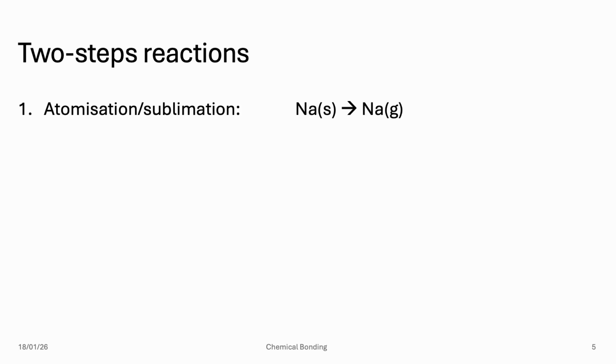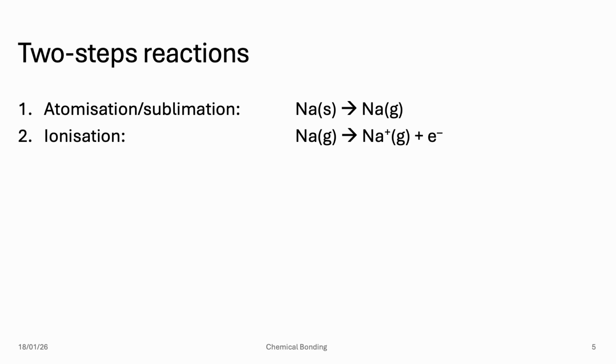Actually, this process is formed from two-step reactions. The first one is atomization, or in some books it is called sublimation, because it forms sodium gas from sodium solid. Sodium solid forms the metallic lattice, so that's why it's also called atomization.